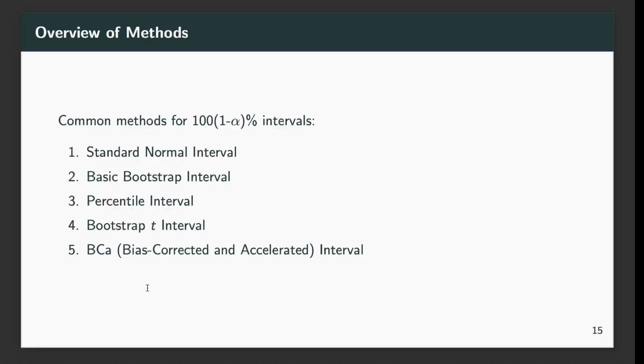Let's go through each of these in more detail. Whenever we do, I want you to think about the trade-off between complexity and accuracy, between computational cost and reliability. These are the trade-offs you should think of whenever you choose which one to use.